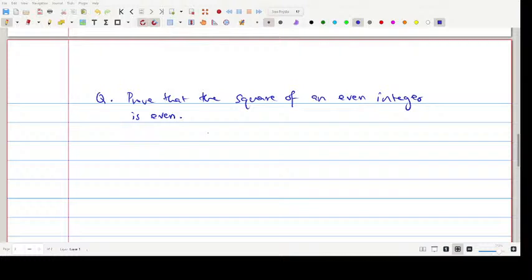I'll give a small hint while solving this problem. What is the general form of an even integer? Can someone unmute and say?